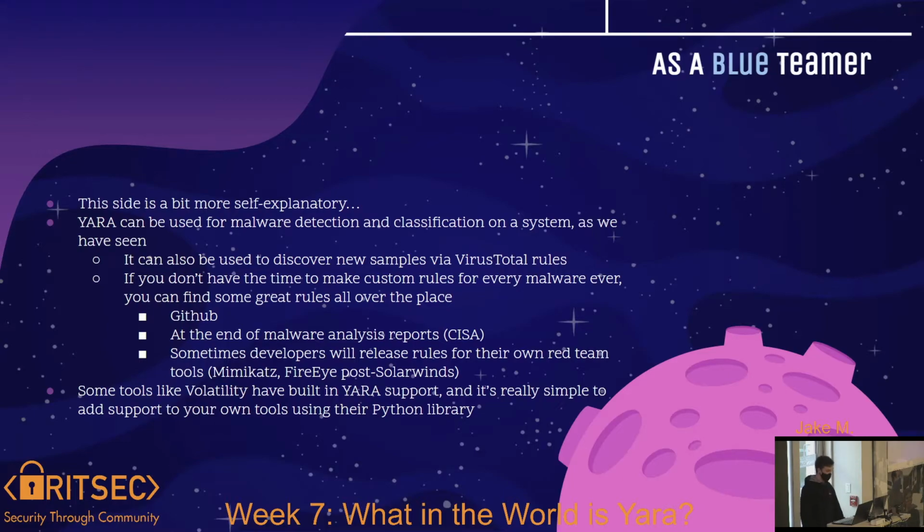You can find these rules all over the place. Sometimes developers will release their own rules for their red team tools. I know the Mimikatz repository has Yara rules to find Mimikatz. Wow, isn't that cool?